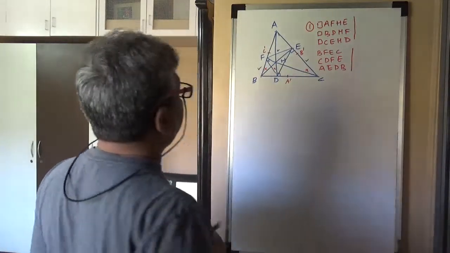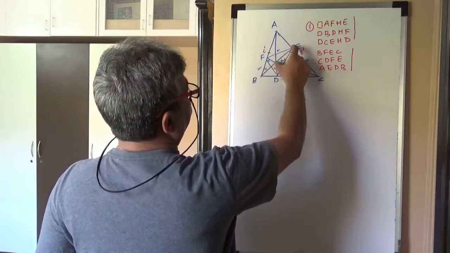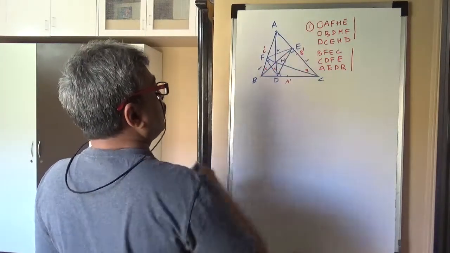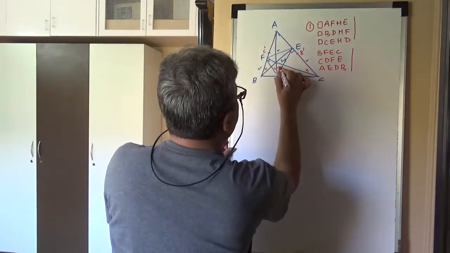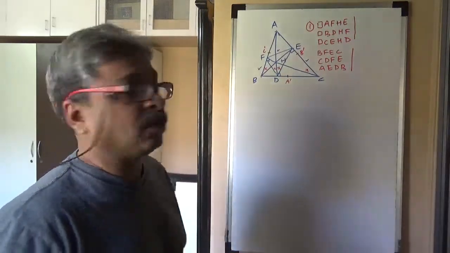So angle FDH is also X, and similarly HE inscribes X angle, HE will inscribe X angle at D. So these four angles are always congruent in orthic configuration.